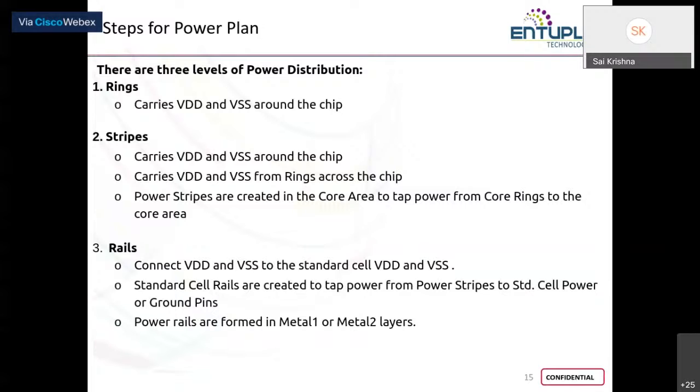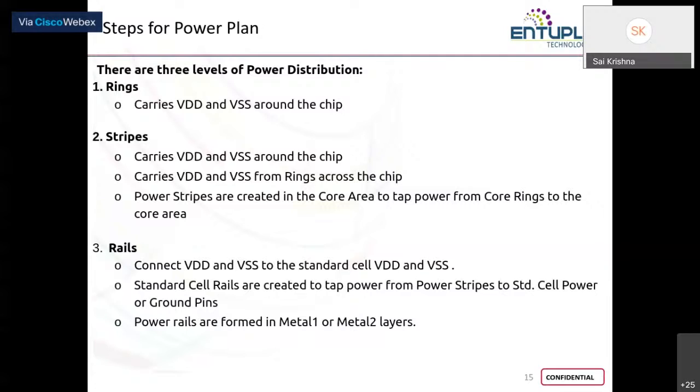As the metal number increases, going from 1 towards the highest metal available, the width keeps on increasing. So the highest metal layer has the most width compared to metal 1, which has the least.